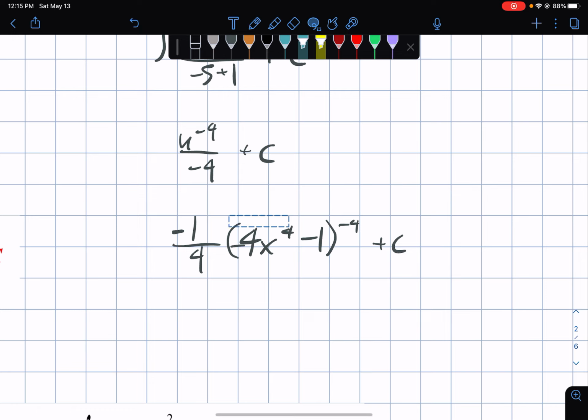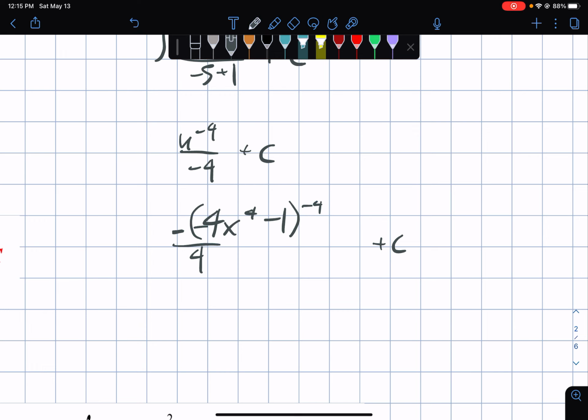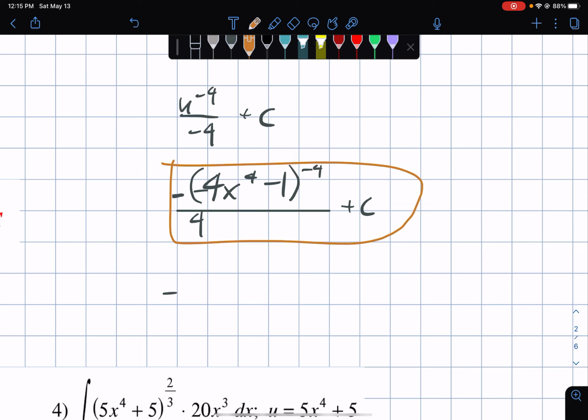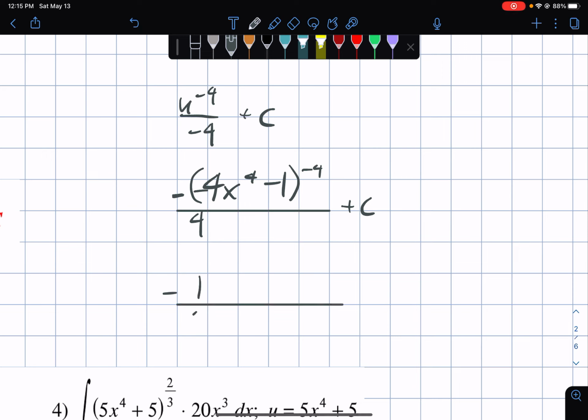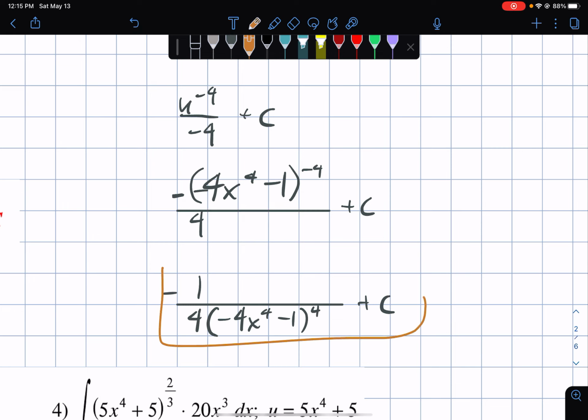Or you can still, I think it's safer to express it this way, because although it's not really required, it's still better to bring this down to reciprocate it, because it has a negative exponent. I think the teacher would already accept this kind of answer, but for the sake of those teachers who are choosy, in a good way, we bring it down like this. And that is it for number 2.